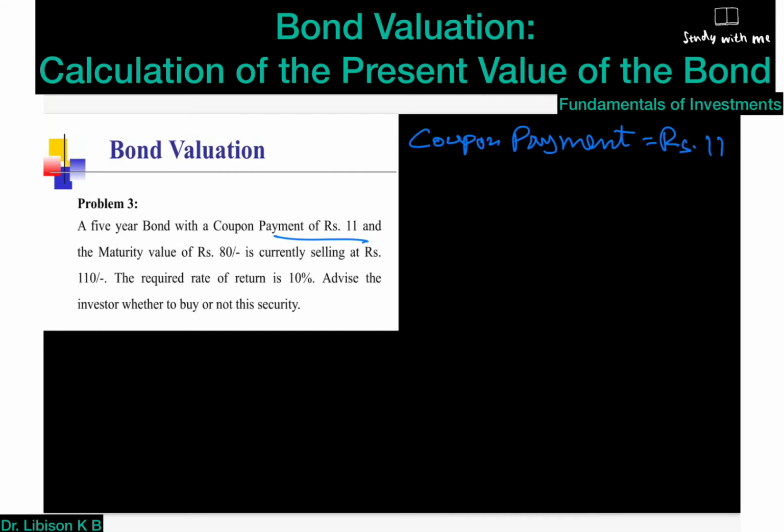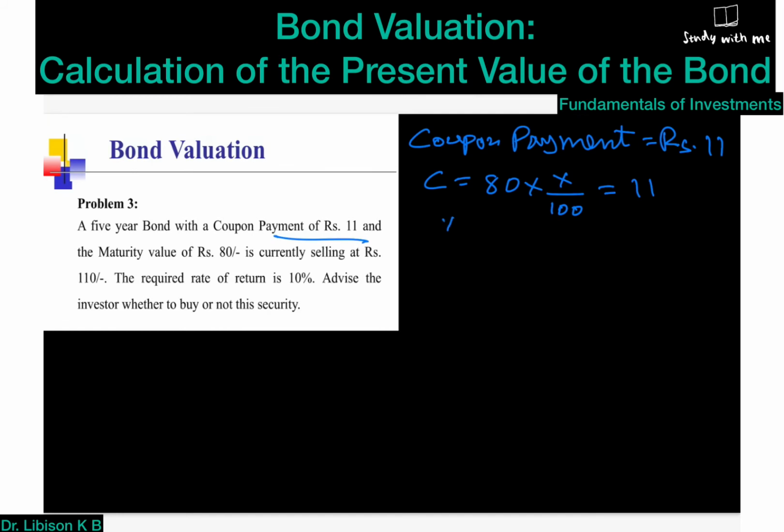Let us assume the coupon rate is an alphabet, say for example X. So C is equal to 80 into X divided by 100 is equal to 11. So the 11 rupees is some percentage of 80, which is the face value, which is the maturity value of the bond.